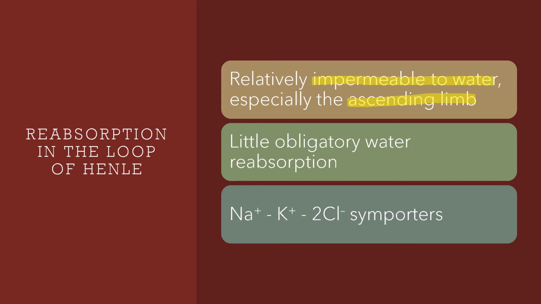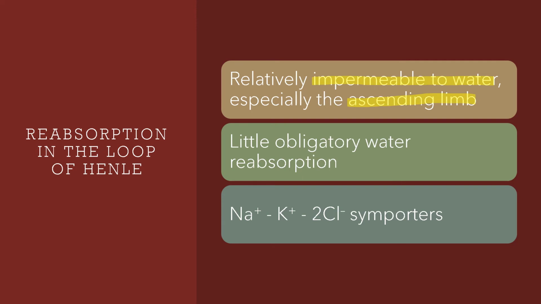In the descending limb of the loop of Henle, it's a little bit permeable to water, but once we get to the ascending limb of the loop of Henle, relatively impermeable to water. Water cannot follow the solutes that are reabsorbed. So the nephron loop really sets the stage for this independent regulation of both the volume and the osmolarity of body fluids.